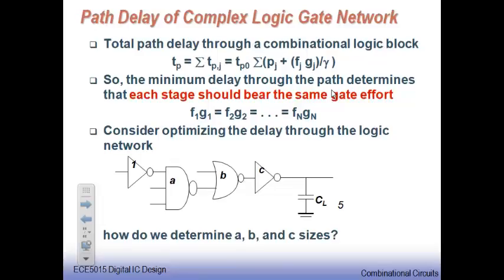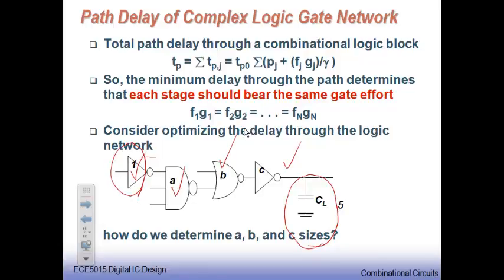If I am given such a gate structure, such a circuit structure, what do I have? An inverter driving one of the inputs of a 3-input NAND, whose output is driving one of the inputs of a 2-input NOR and another inverter, and I am given the CL, and I am given the intrinsic input capacitance.